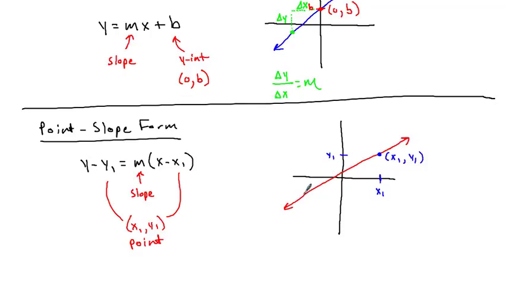And then somewhere we'll have some other points, and we can connect those points by finding our change in y, or our change in x, or our rise over run. So keep this in your head: delta y over delta x equals m. So here's a little picture of what point slope form looks like and what it tells you.